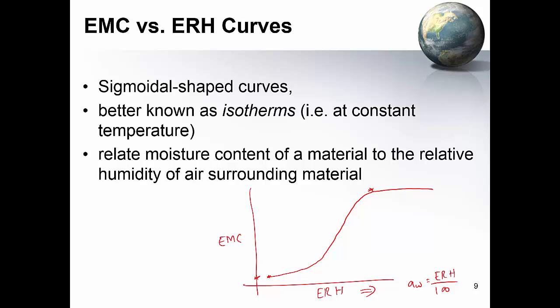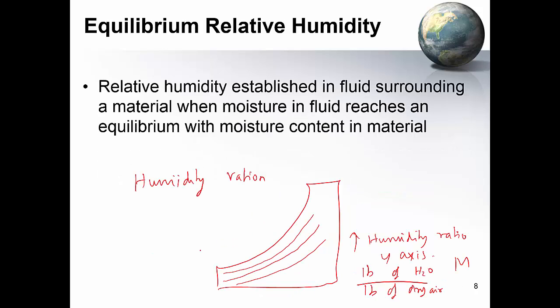One of the key things you need to understand is that the typical moisture content of the air, the humidity ratio of the air, is less than about 3%, right? The typical moisture content of a food product can be pretty high.